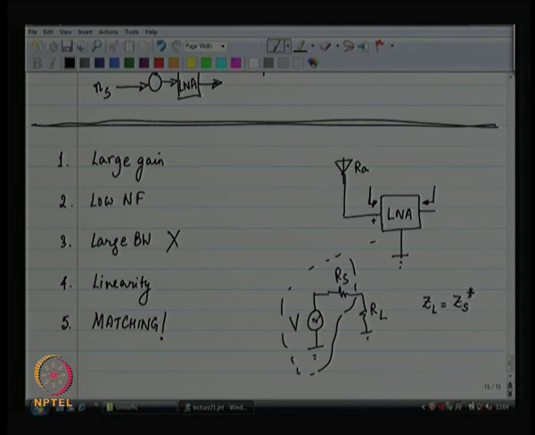So, this happens only when I say that RS is part of the voltage source that we are seeing, but when I am talking about the LNA output, here I have direct control over what the RS is. So, RS equal to 0 will give me the best gain, right.